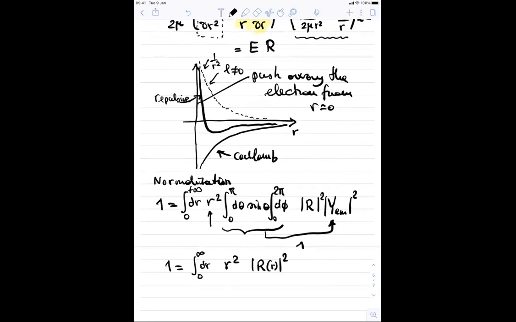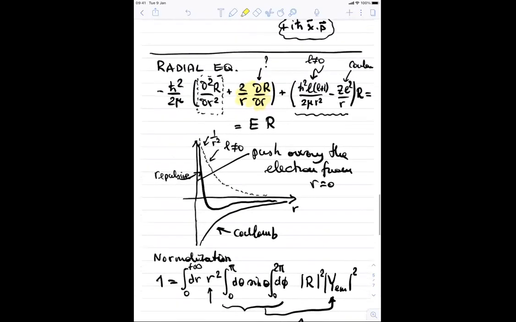This is not a standard normalization, not a standard 1D normalization, because of this factor r squared. There are a couple of things that make this radial problem not a standard one-dimensional problem on the half line.